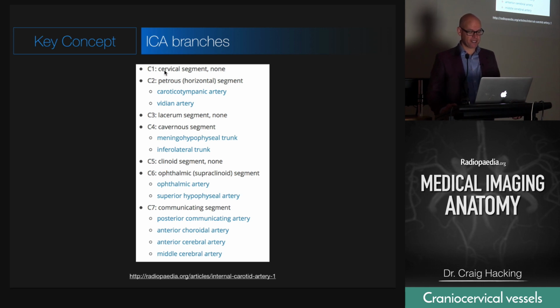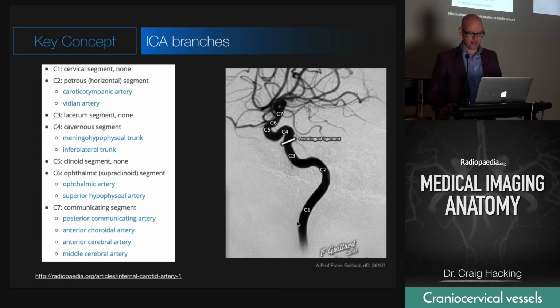So you can see here 7 segments, but we've got none, 2, none, 2, none, 2, 4. So a nice way to remember the branches. Here they are. Now there's no definition exactly where each of these finishes and starts. It's just the vibe, I guess. But when it's in the cavernous segment, I think it's pretty safe to say it's the cavernous segment.